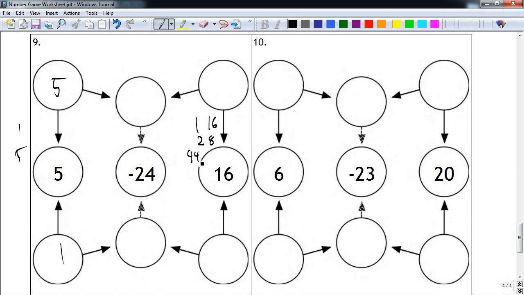Now, because I have to add up to a negative, one or both of these two numbers here have to be negative. Okay, because I have to multiply to a positive 16, both of these have to be negative.